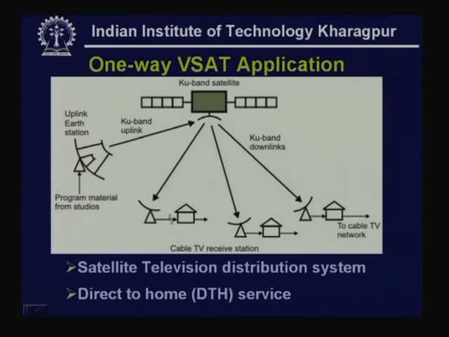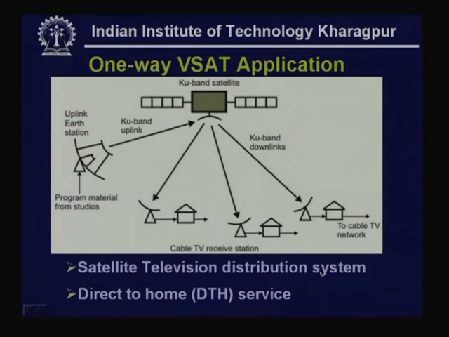The cable TV service providers have antennas located at their place, and then the cable TV operators distribute the television signals to a number of houses. So, this is the Ku band uplink, and here are the Ku band downlink signals, which are received by the cable TV operators, and then they distribute it to the households. So, this is a satellite television distribution system.